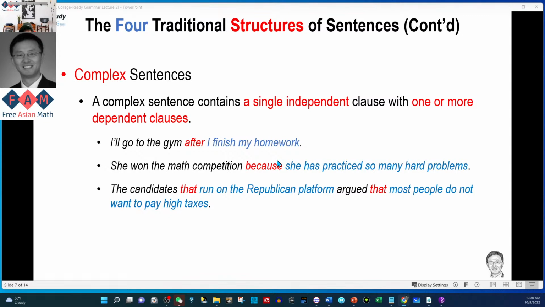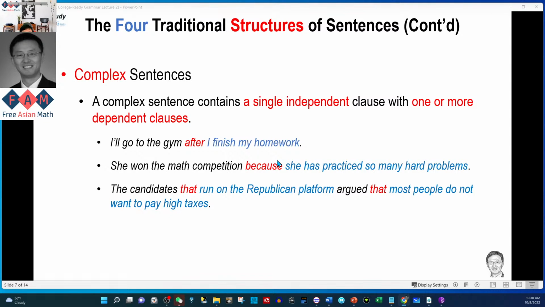This is a so-called noun clause, as you will learn later, because argue needs an object, and that's usually fulfilled by a noun. So this clause, most people do not want to pay high taxes, logically serves as a noun for the object needed by argue. And it's introduced by this "that."